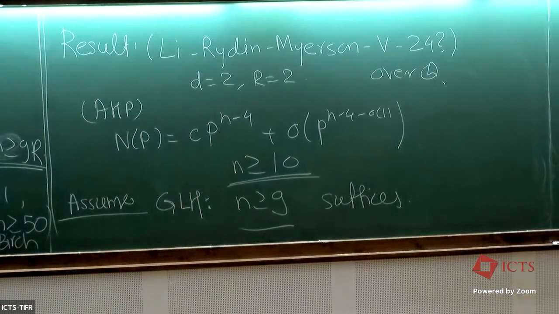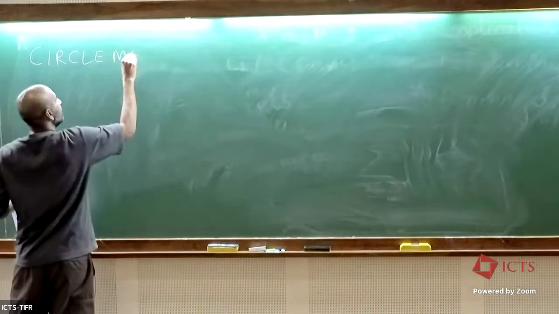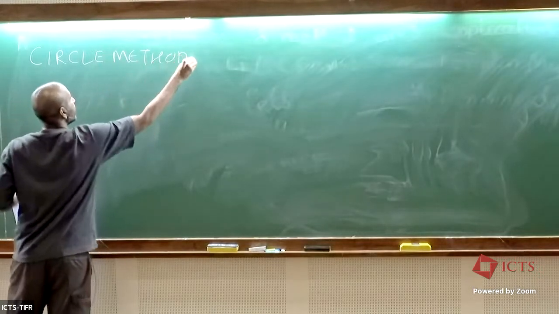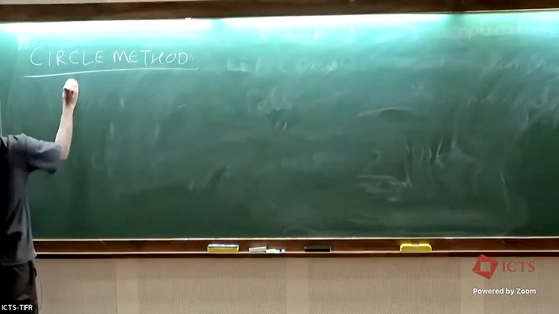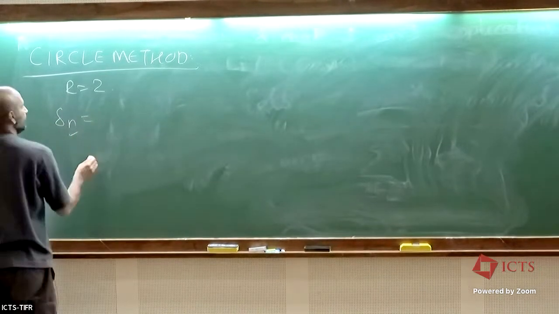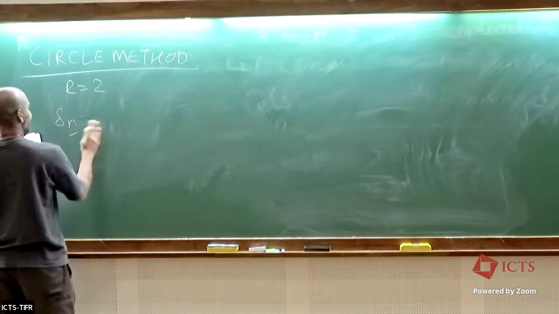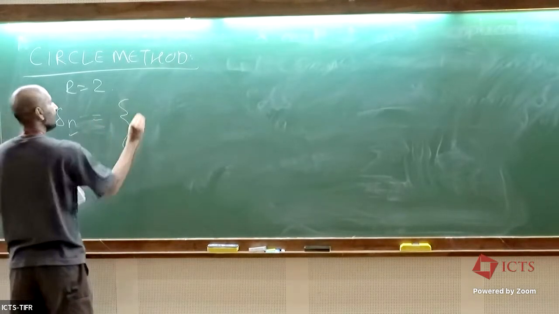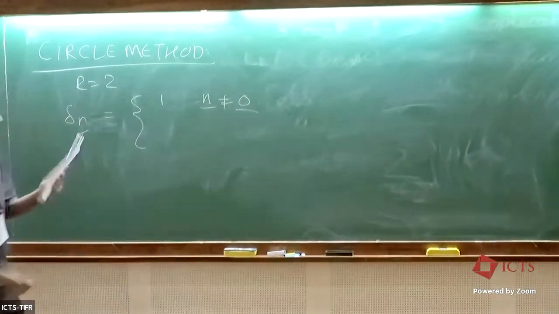Okay, so let me quickly talk about what one can do with a system of forms. Again, I will only work with two forms. So this delta function, delta of n equals 0, is a two-dimensional avatar of what you have seen.